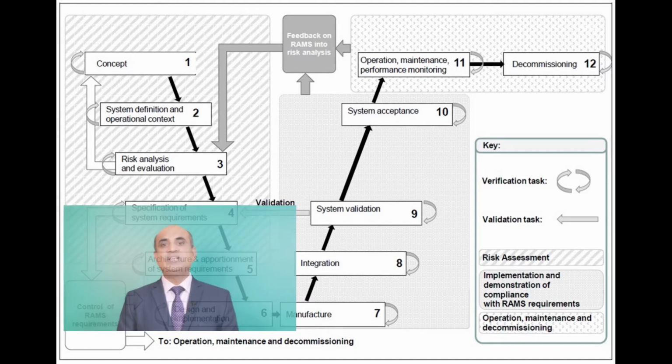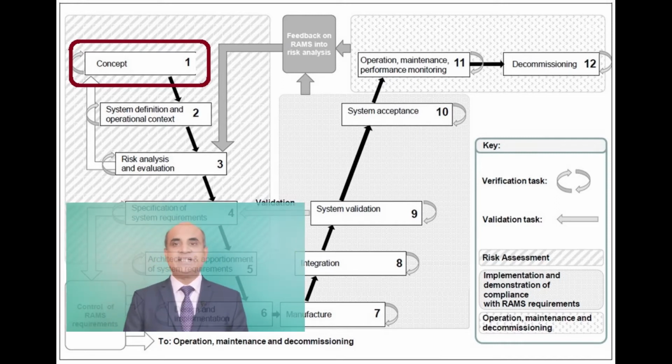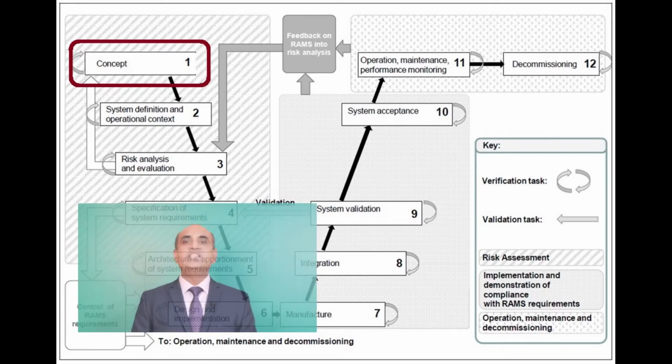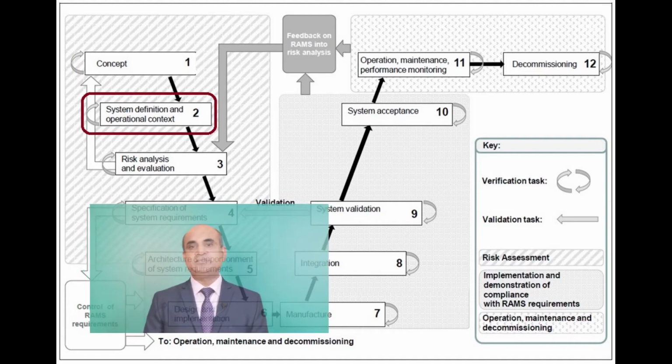Okay, so let's look at the 12 stages briefly. The first stage is concept. At the concept stage, we develop a sufficient understanding of the system. The second phase is system definition.